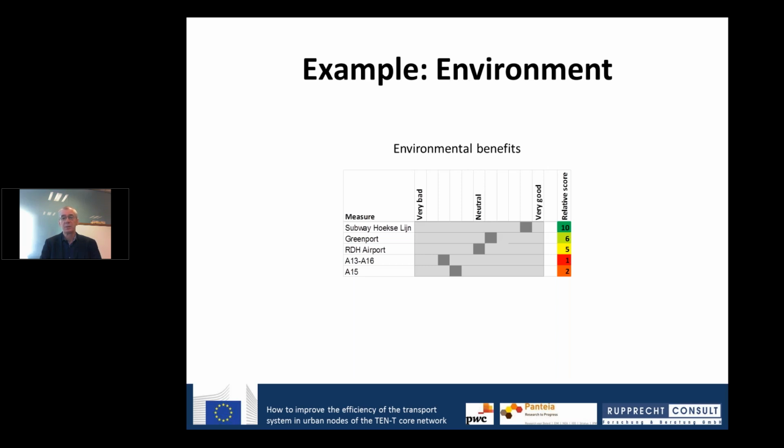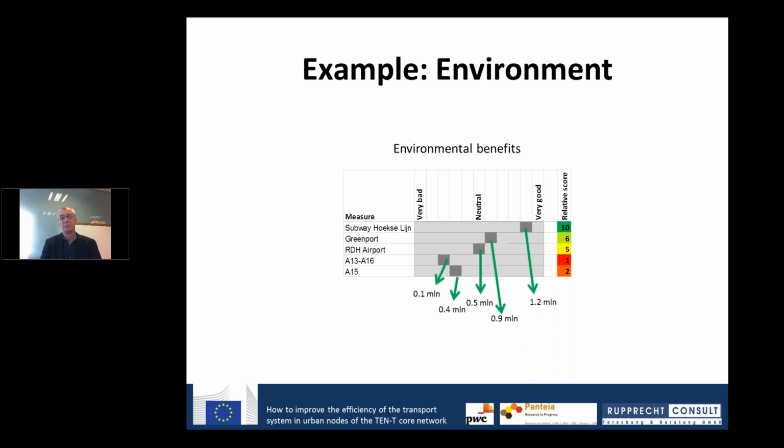It's a missing link, and we expected a lot of extra traffic on this missing link, which would cause a lot of pollution for those living near the new road. On the other hand, the public transport subway Hoekse scores best. It's seen as a relatively good solution for improving the environment.